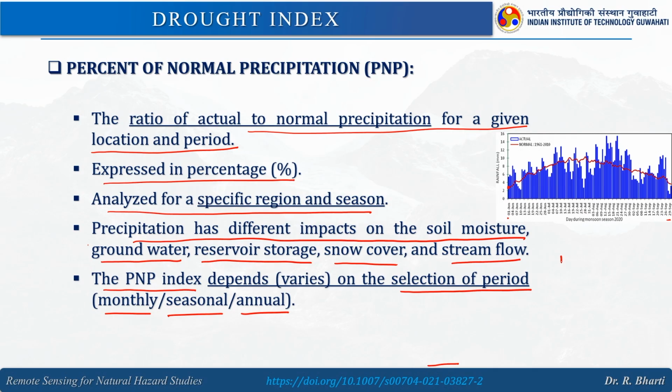Let us say this is 1st January to 31st December of 2020. For this you can have an average value, or a monthly average value, or a daily average value. Anything can be considered here. So it can be monthly, seasonal or annual, or you can divide them based on the seasons.